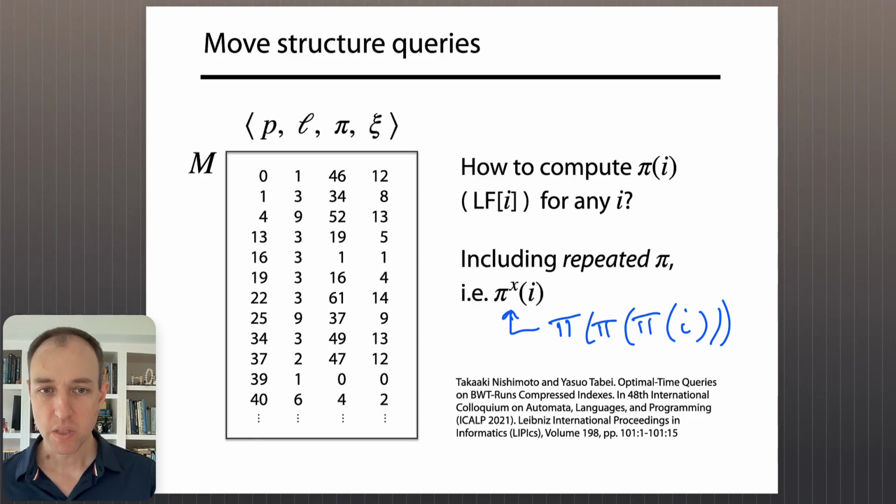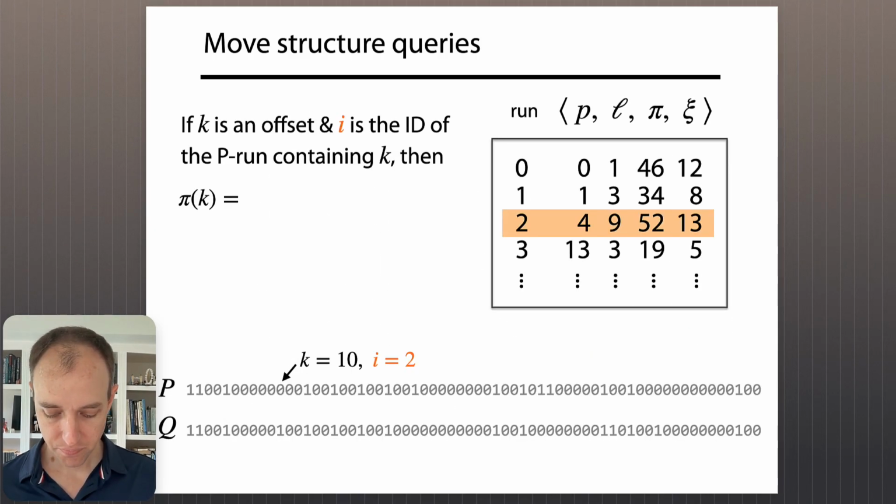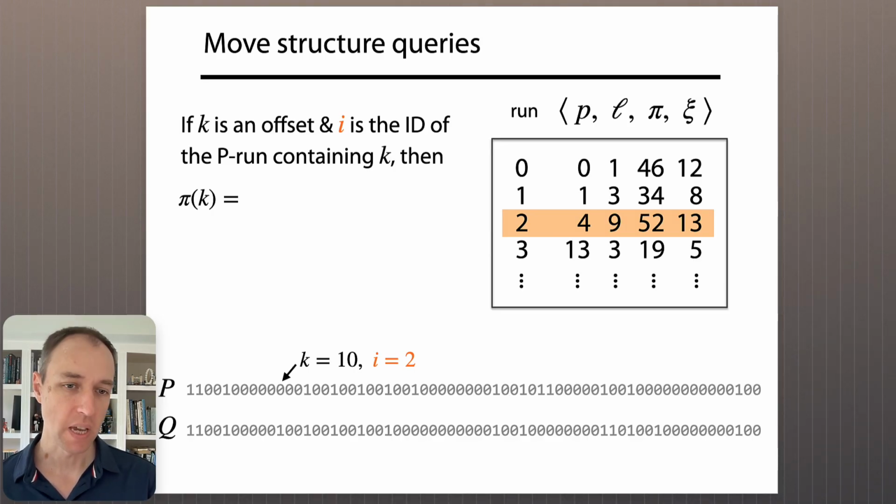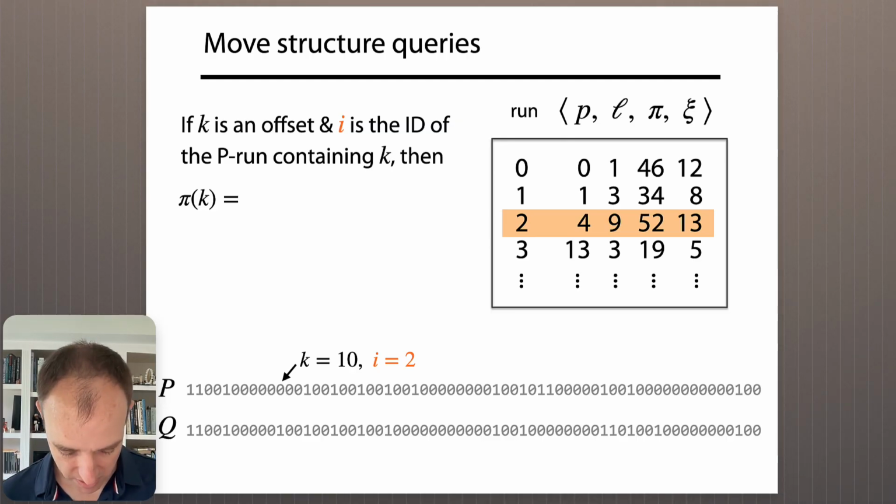Okay, so how do we do these permutations? Let's pick a specific example. Let's say we're trying to permute from this position, k equals 10, i equals 2. So k is the offset, and i is the run ID. So this is offset 10: 0, 1, 2, 3, 4, 5, 6, 7, 8, 9, 10.